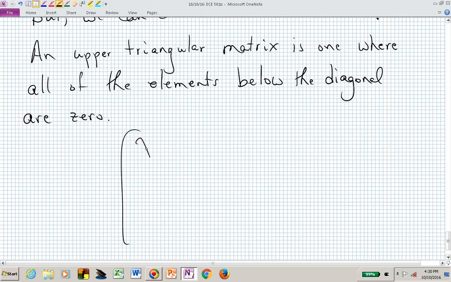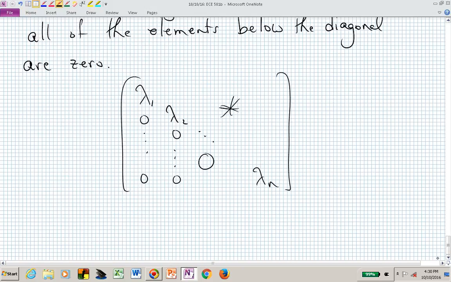So now we have this lambda 1, lambda sub 2, down to lambda sub n. We have zeros below the diagonal and possibly any arbitrary elements above the diagonal.